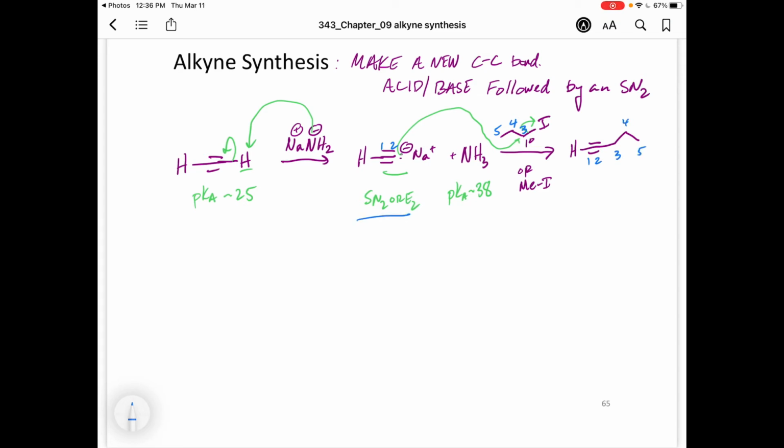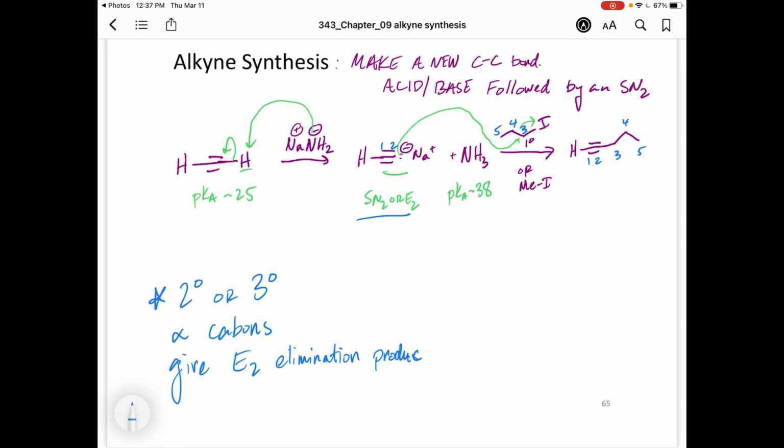Now keep in mind, we really have a good base. We've got a carbon with a negative charge, and this sp hybridized carbon is a very good base, but also a good nucleophile. So let's just make a note. Secondary or tertiary alpha carbons would give E2 elimination products as the major products.